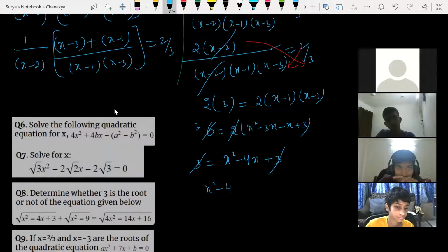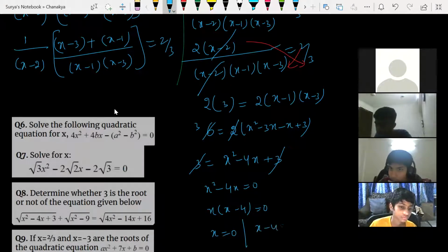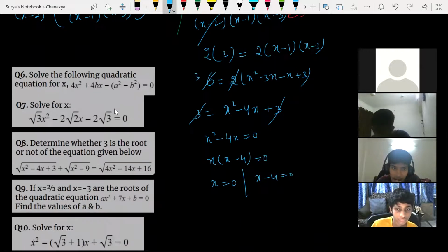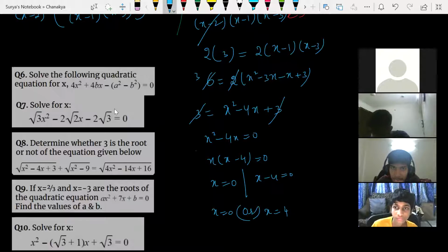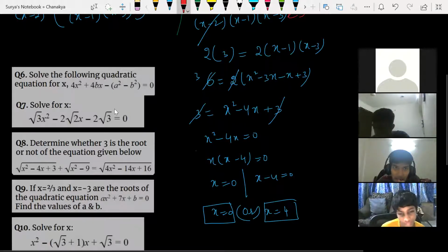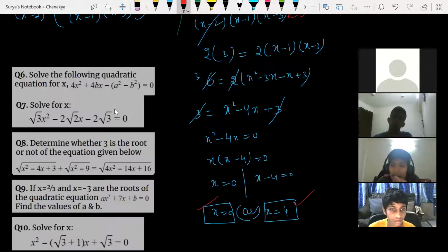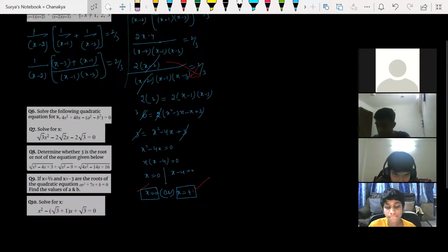So x square minus 4x is equal to 0. So take x common. x into x minus 4 is equal to 0. So x is equal to 0 or x minus 4 is equal to 0. So what is my solution now? x is equal to 0 or x is equal to 4 is the solution for the question. Getting my point, children? x is equal to 0 or x is equal to 4 are the solutions for the given question. Understood, guys?